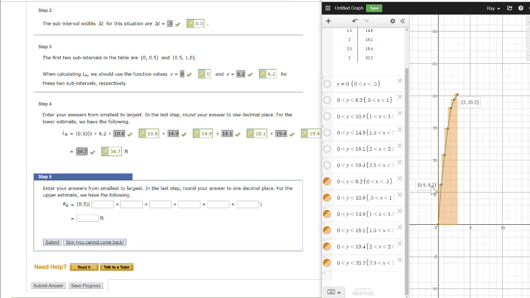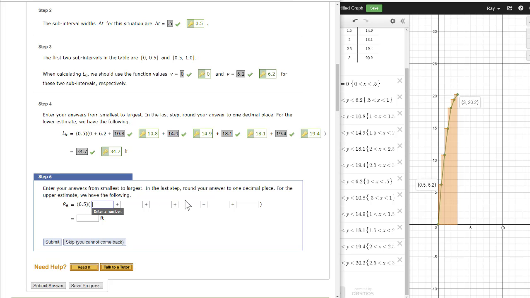Our first rectangle is going to have a height of 6.2, so we start off with 6.2. And then we just carry on with the rest of our points: 6.2, 10.8, 14.9, 18.1, 19.4, and then our last one is 20.2. And so we add that up.